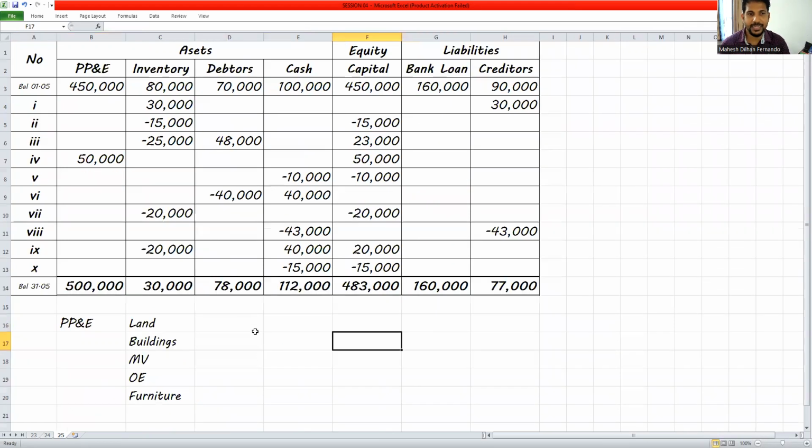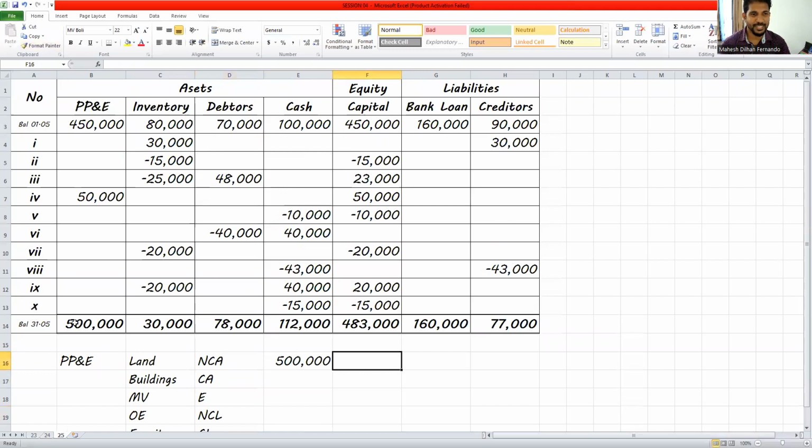Let's get the right closing balances of the following. Non-current assets, current assets, then we have equity, non-current liabilities, and current liabilities. Non-current assets 500. This is the non-current assets.